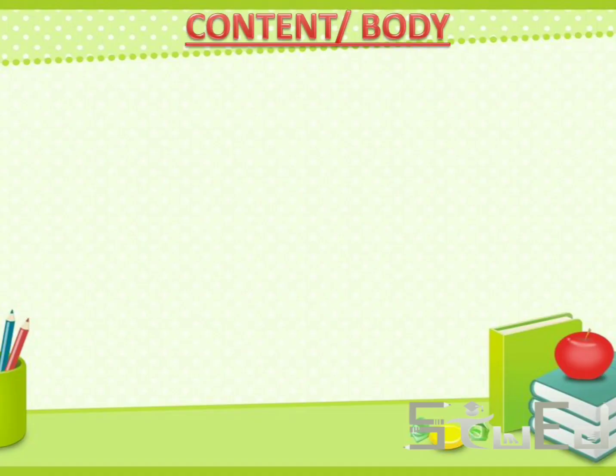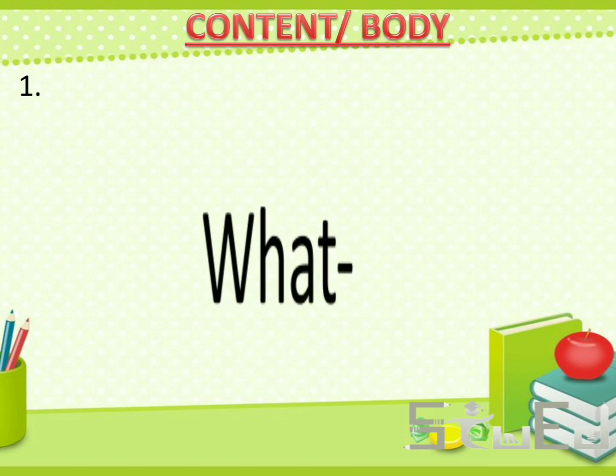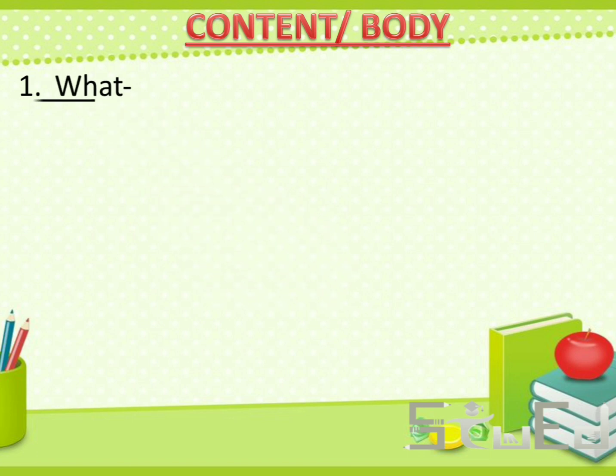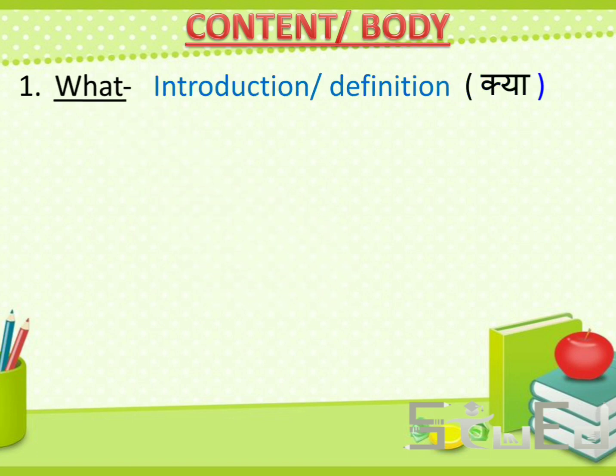Now comes your content or the body, that what we have to write in our article. So first comes what. Okay, now what means क्या, कि हम जिसके बारे में लिख रहे हैं. In an article we normally write about something or some special issue or some social issue or some social problem.